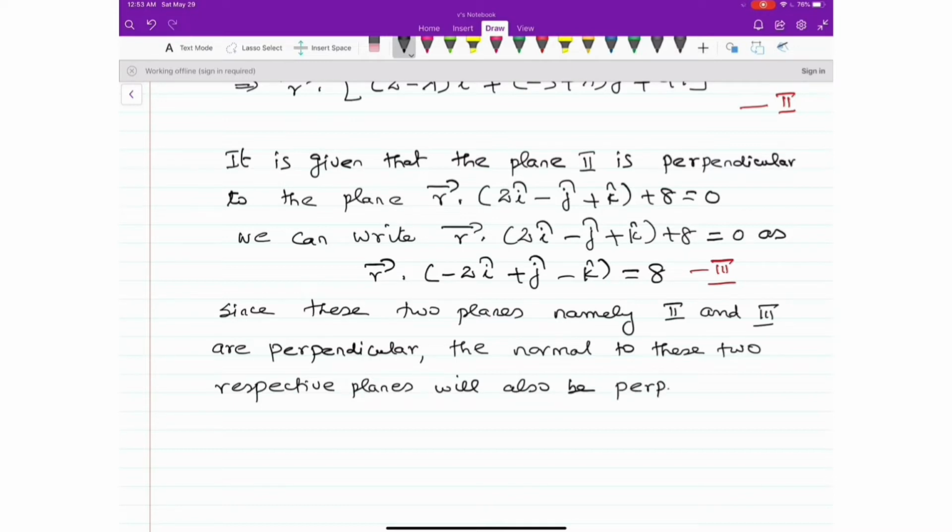Already you know this condition. We have done many questions based on this. Perpendicular to each other.